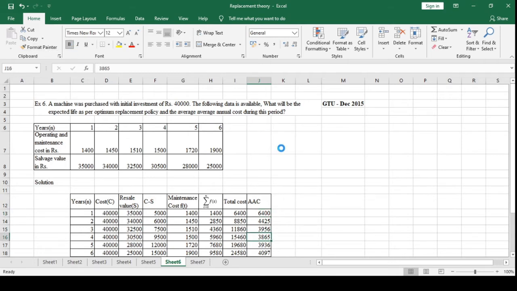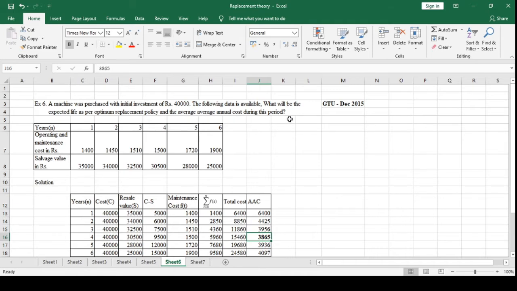Okay, and after completing this table we will write down the answer. That is, the machine has a minimum cost at the end of the fourth year, so the machine should be replaced after the fourth year. As well, in this question one more thing is asked, that is the average annual cost during this period.